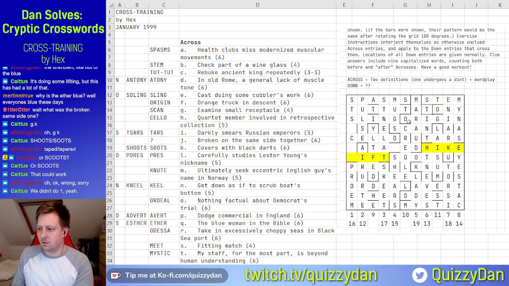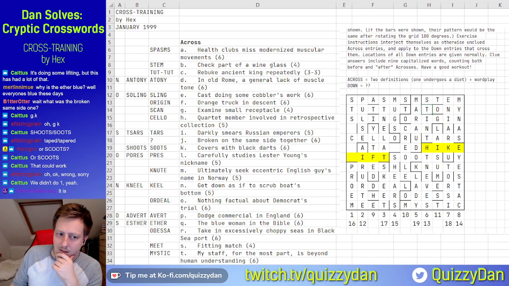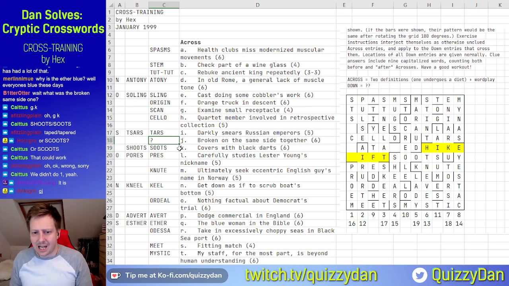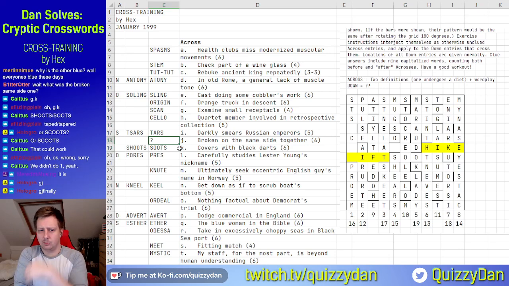I seem to have got rid of that. Taxed. If something's broken, it's tarred on the same side together. Tamed and tamped. No. Oh goodness.